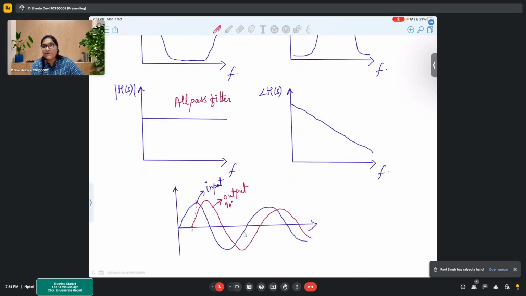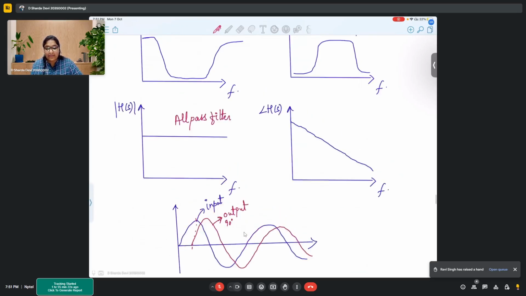Based on that, your pole and zero location will be there, and based on the pole and zero locations, your phase shift will be defined. So it comes down to the components. Defining the components can change the value of the phase shift. So tuning the components is the main thing in this case.